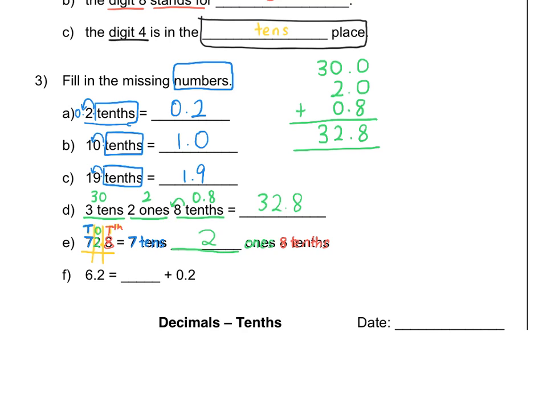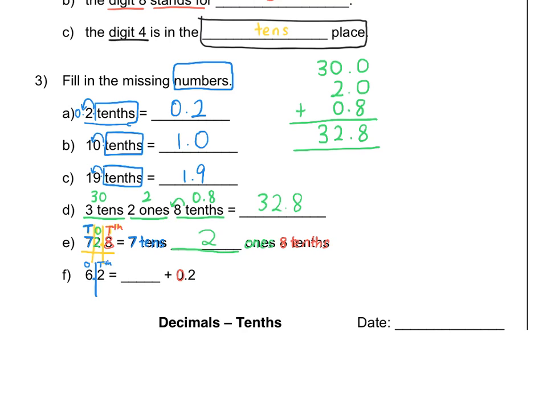Let's look at the last part of the question, part F. 6.2 is equal to what plus 0.2? So same thing, we're going to label the place value chart. In front of the decimal point, that's the ones place. Behind the decimal point, that is the tenths place. Okay, so now we do a match again.